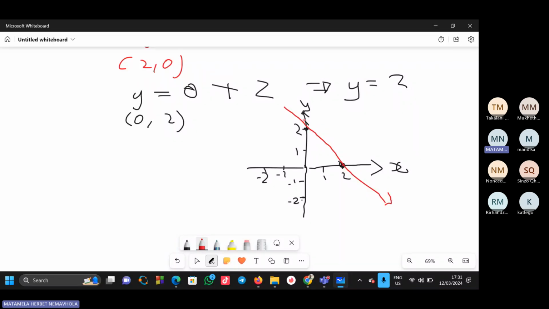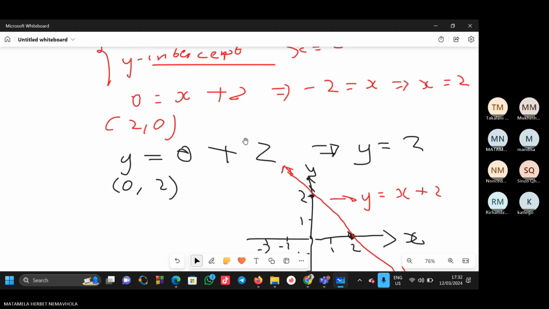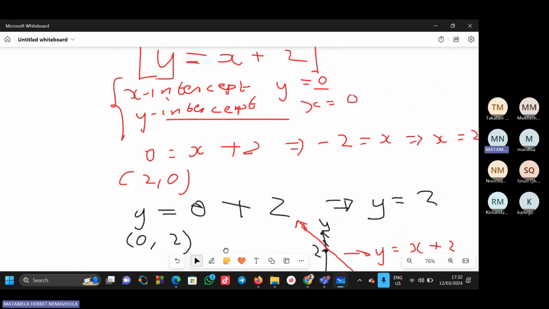This straight line that I've just drawn is for the equation y equals x plus 2, with a gradient of 1. So now you know how to get the x-intercept and the y-intercept of a straight line.